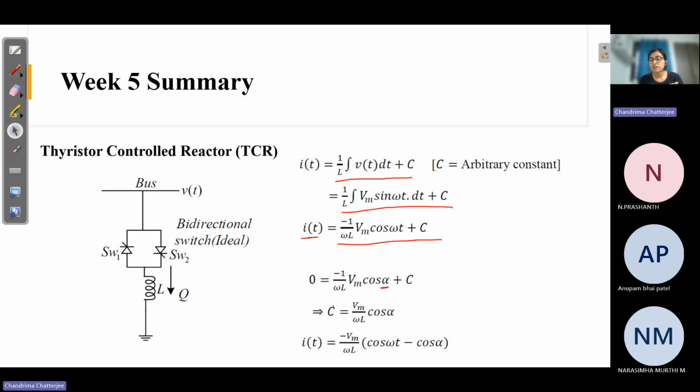From there we can find out the constant C, and then the current expression is: Vm by omega L times (cos alpha minus cos omega t). And this is valid for any firing angle. It may be full conduction, it may be partial conduction, but this equation is valid for all of them.